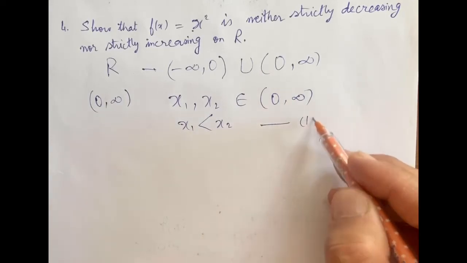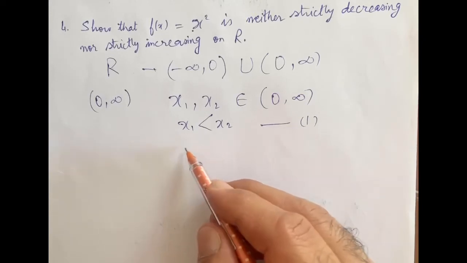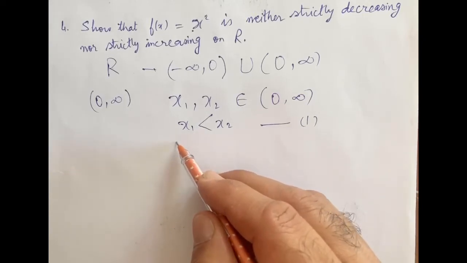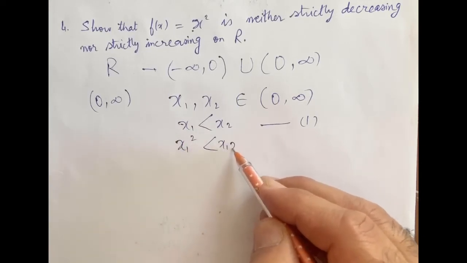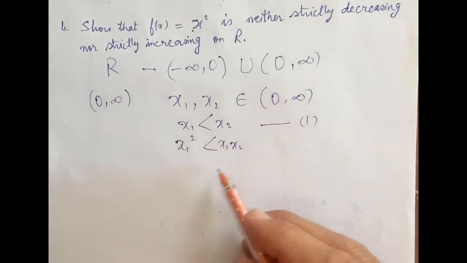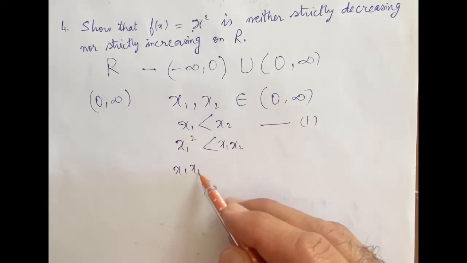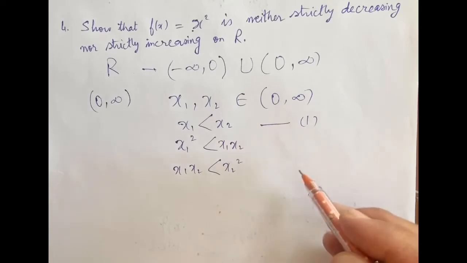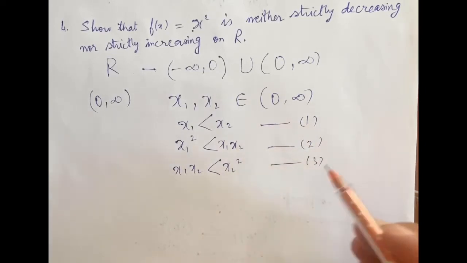So this is, let's say, the first equation. Multiplying both sides by x1, we have x1 square less than x1 into x2. Then multiplying both sides of the first equation by x2, we have x1 x2 less than x2 square. This is the second equation, this is the third equation.